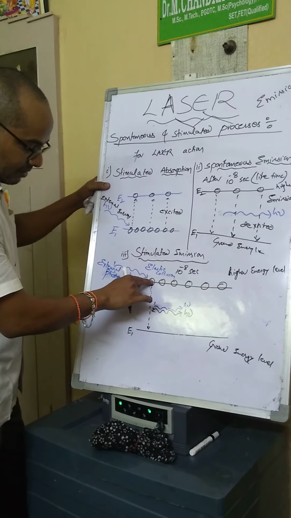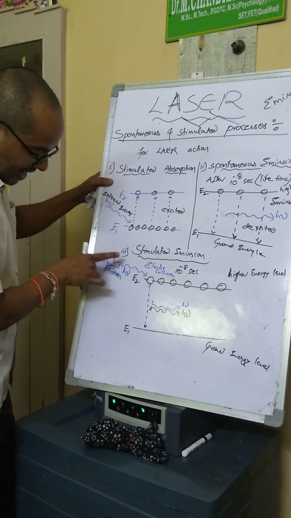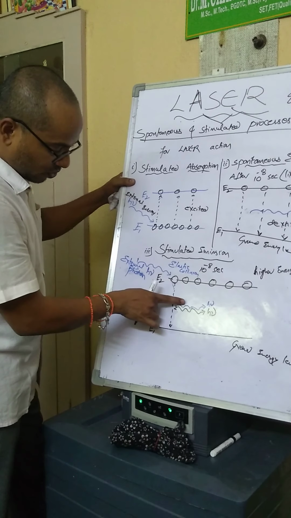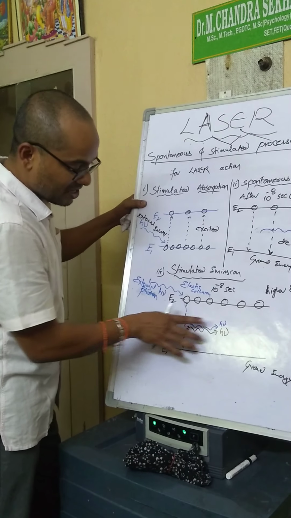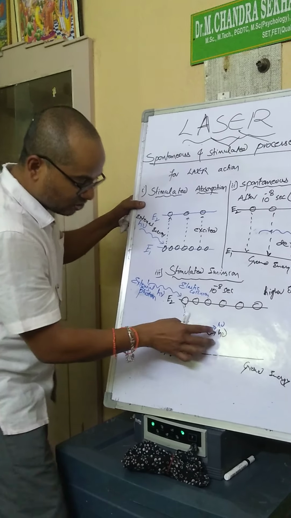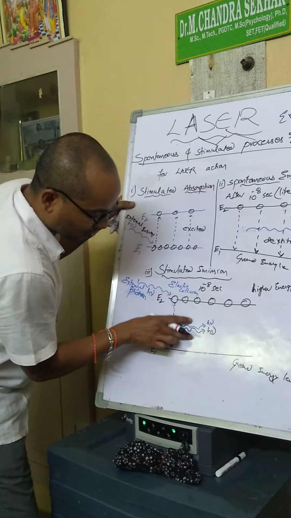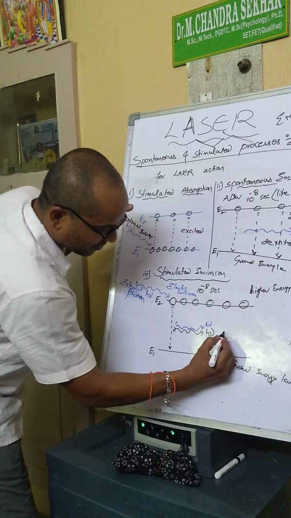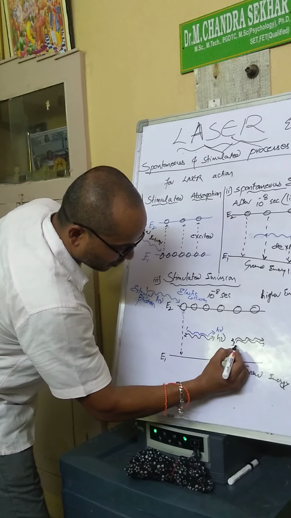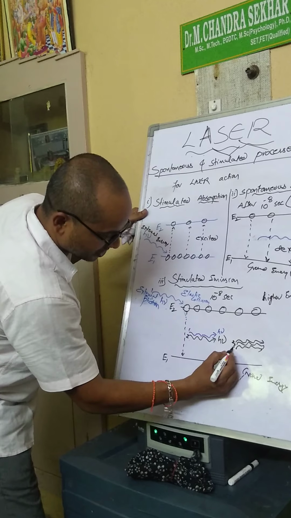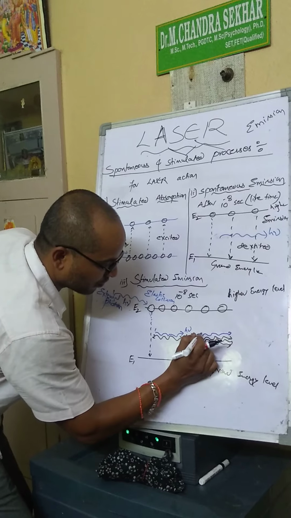Therefore this atom de-excites by emitting a photon 2, which is in phase with what I had supplied, and these two photons interact with two atoms. Then the output is photon 2, photon 3, and photon 4, and what I had sent is photon 1.